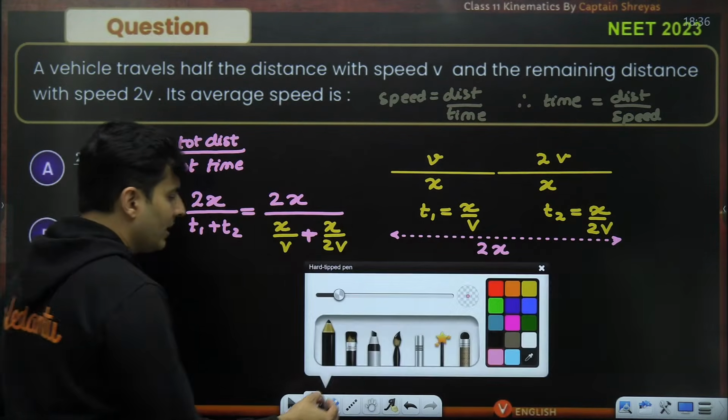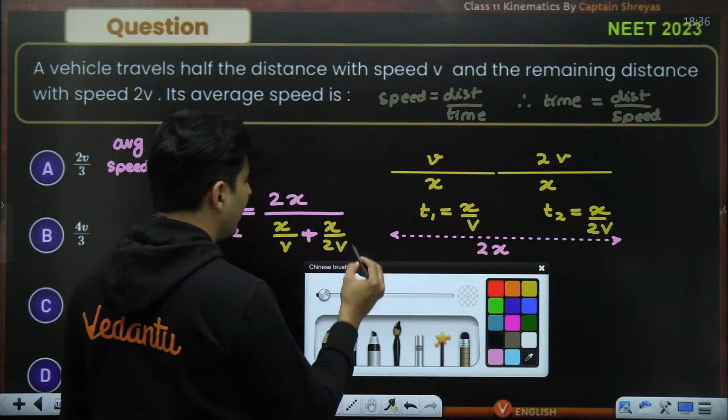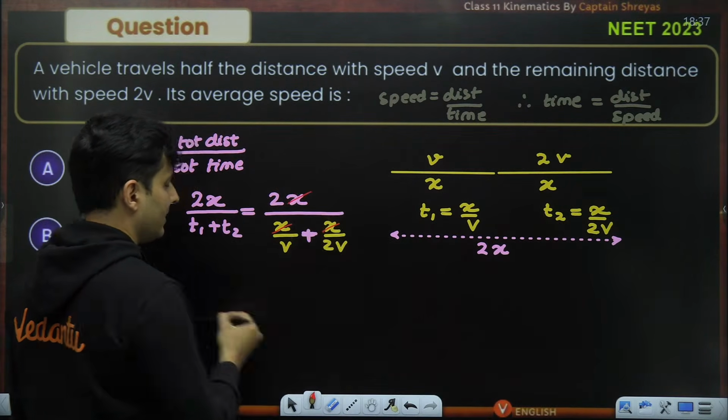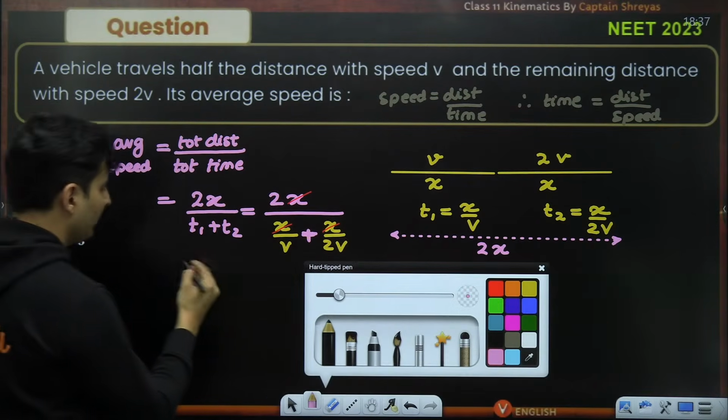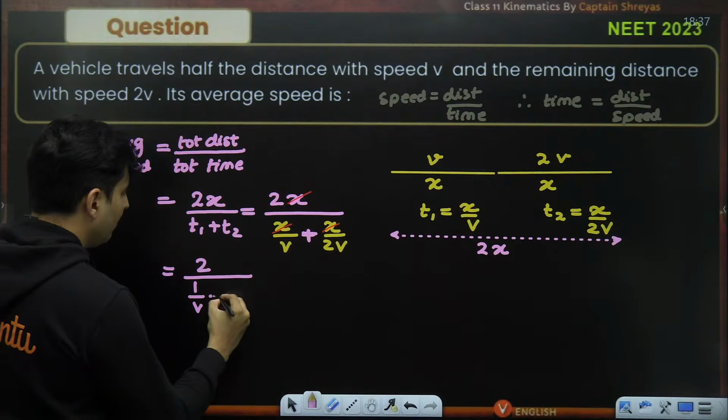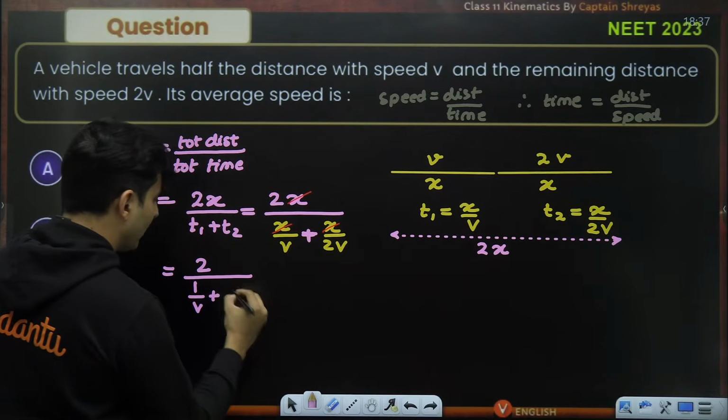What to do now, sir? Can you see something is definitely getting cancelled? What is it? This x and this x. So what am I left with? I am left with 2 divided by 1 by v plus 1 by 2v.